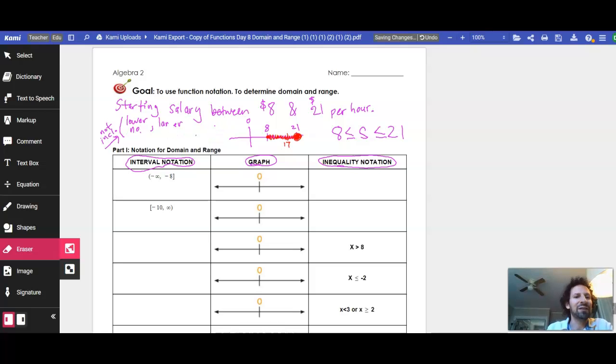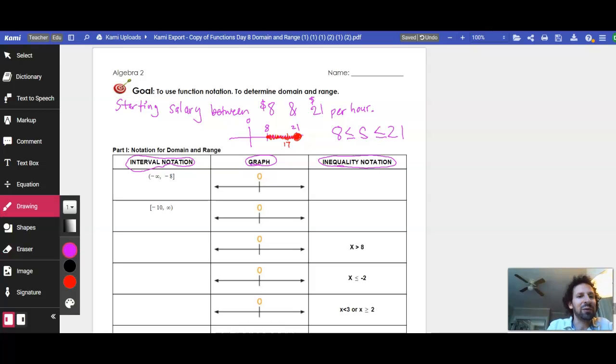If we express our salary using interval notation, again, our salary is between $8 and $21. It's going to be the smaller number 8, comma, the larger number 21. And since you could earn both these salaries, we're going to use brackets, because that means we're including the number 8, and the bracket to the right of the 21 means we include the number 21.